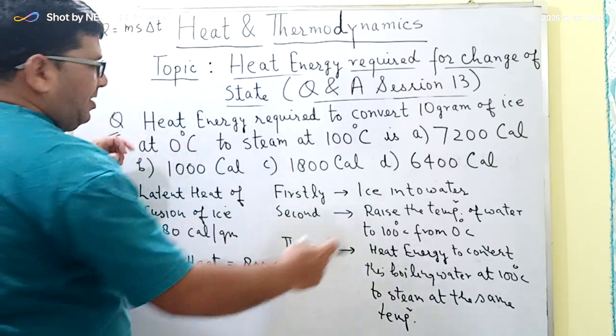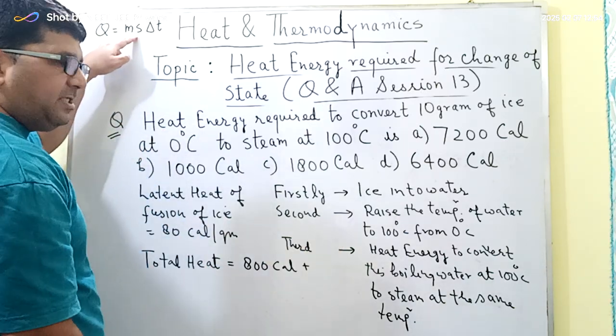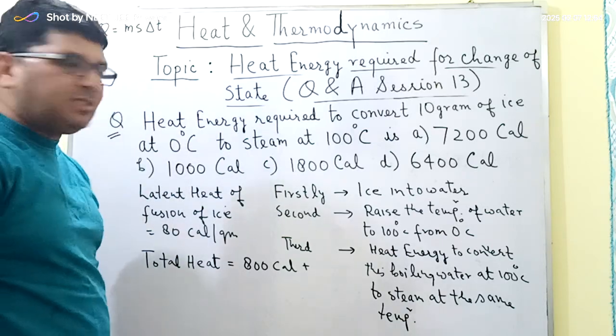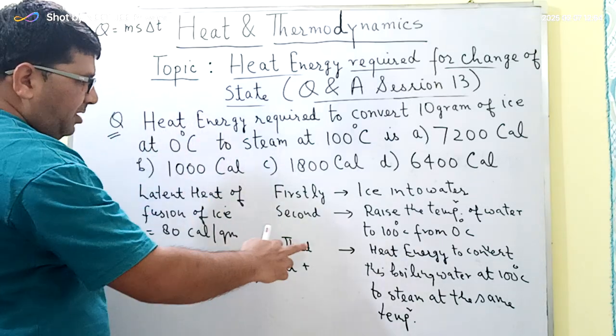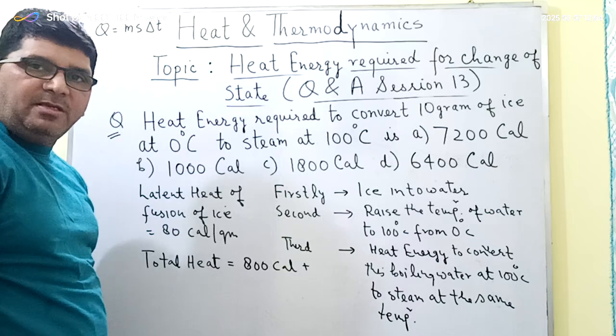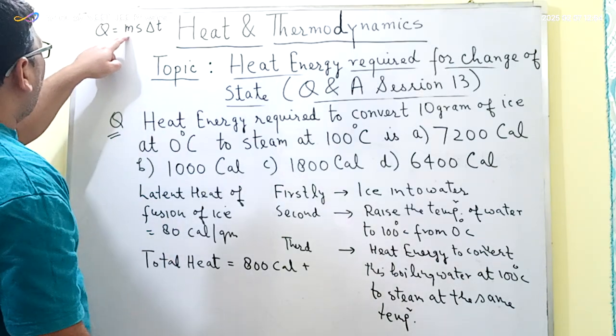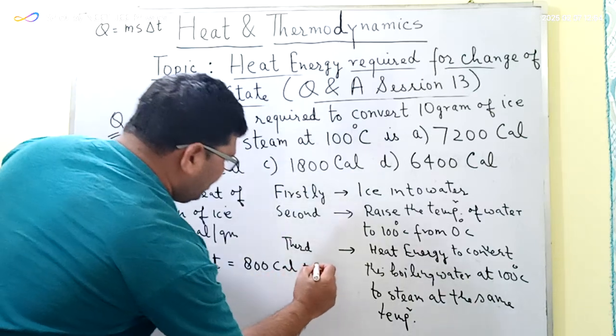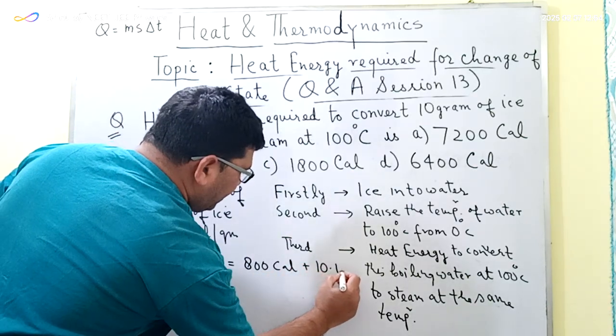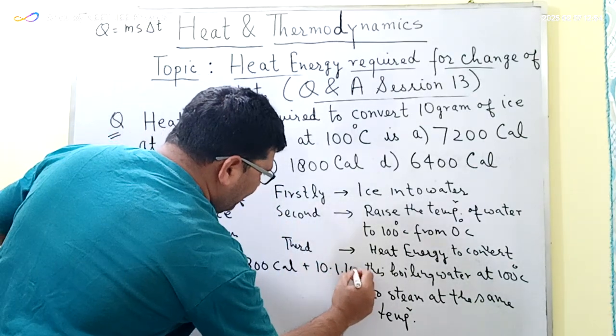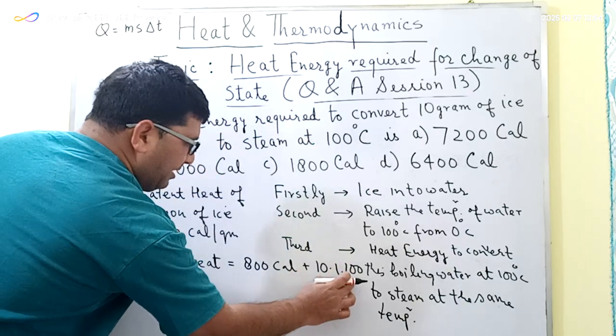So delta T is equal to 100, S is equal to 1, that is the specific heat of water is 1 calorie per gram degree centigrade, and m is equal to 10. So this is equal to 10 into 1 into 100, in calories.